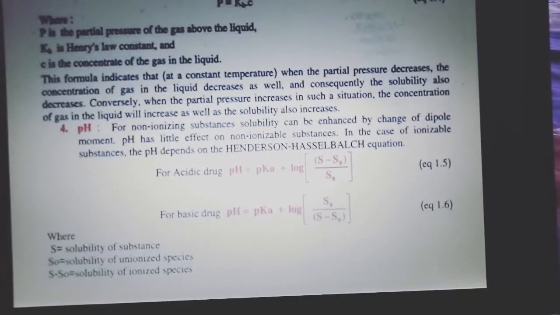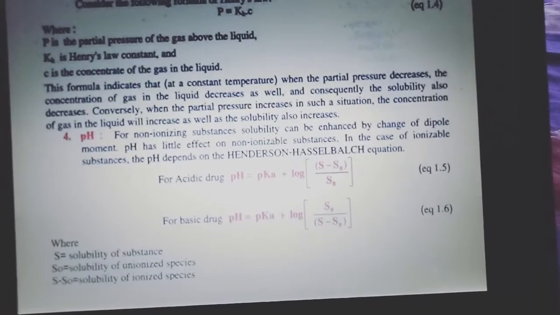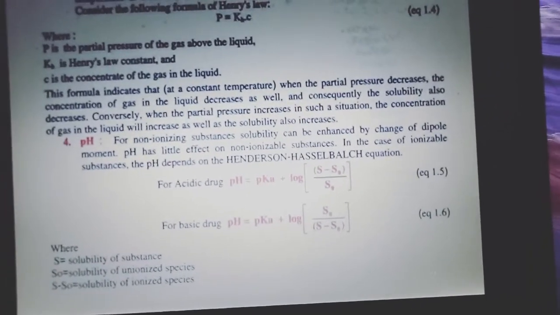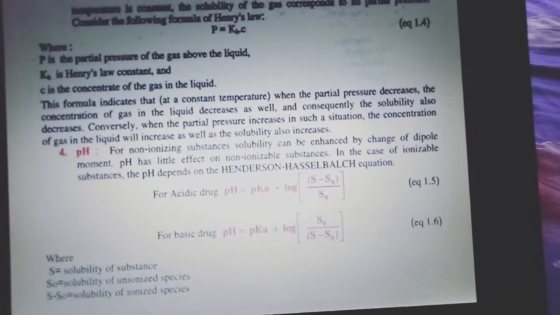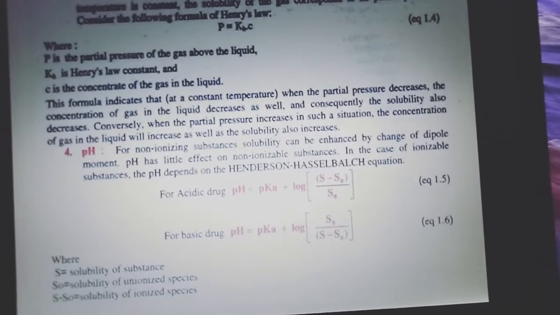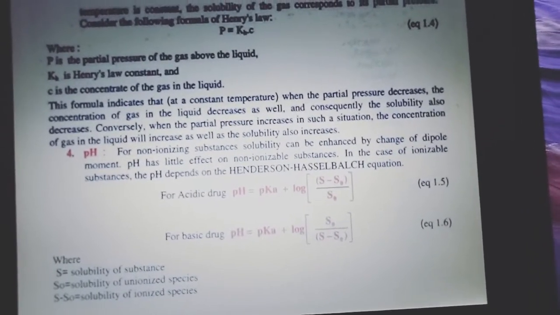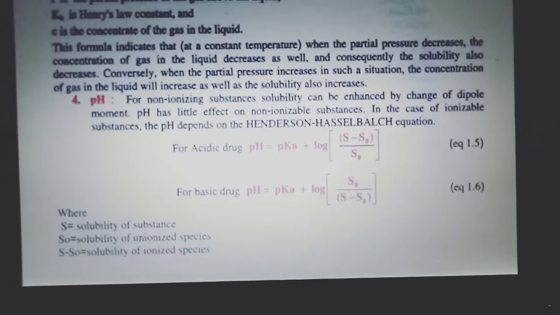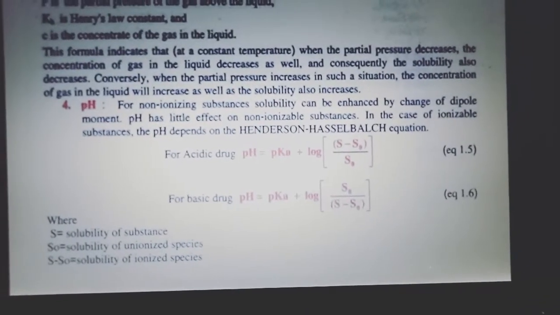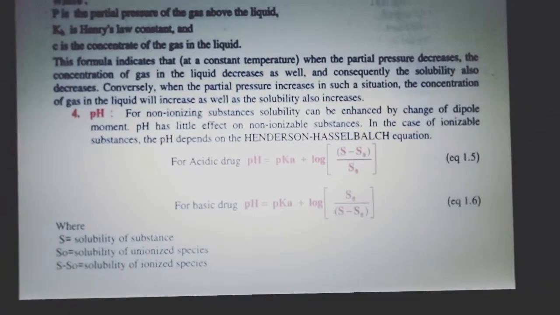In these equations, students, you already know what is pH, pKa, dissociation constant. Okay, S is the solubility of the substance, S0 is the solubility of unionized species, and S minus S0 is the solubility of ionized species.